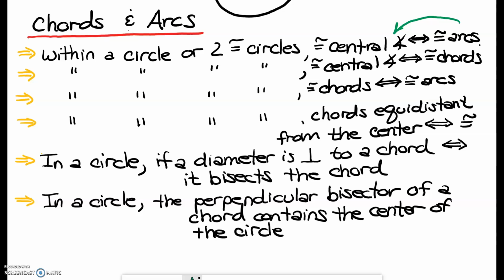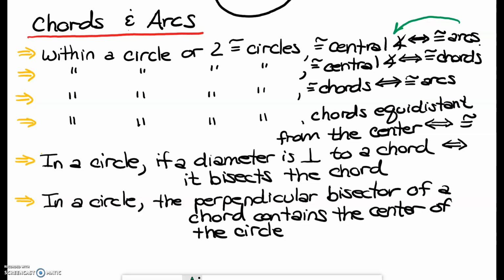Within a circle or two congruent circles, congruent central angles have congruent chords. Congruent chords have congruent central angles. Congruent chords have congruent arcs. Congruent arcs have congruent chords.